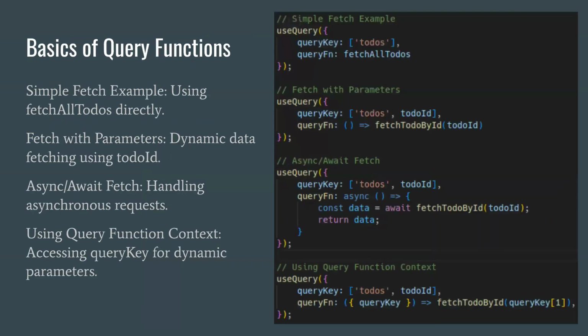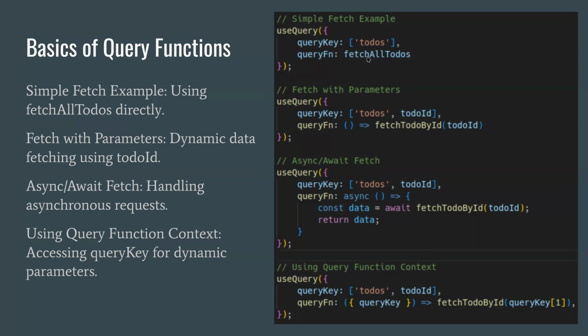Basics of query function. So in TanStack query, creating a query function can be straightforward or complex based on your needs. If we take a look at some of the examples, the simplest form might just be calling a function like fetch all to-dos.